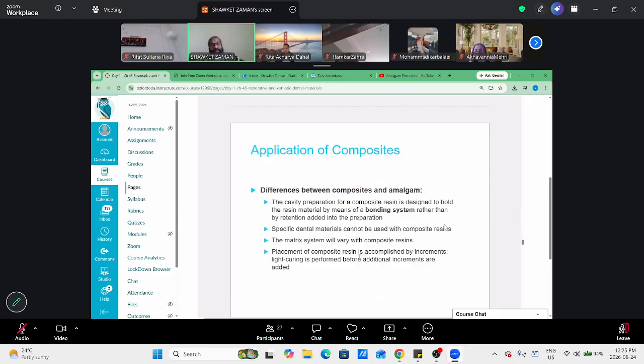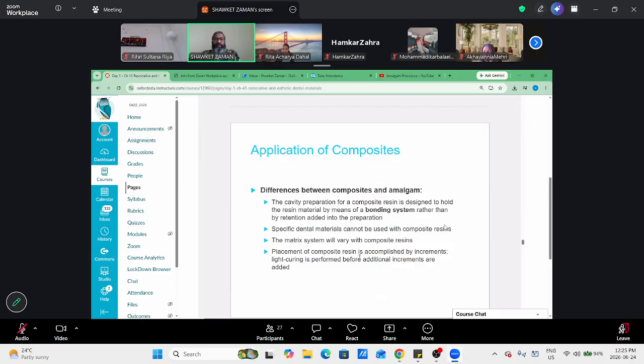Even though we can apply the composite for the posterior teeth also. Then another one is that specific dental materials cannot be used with composite filling materials, because composite is choosy. Sometimes it does not go with other restorative materials such as zinc oxide eugenol, which we very commonly use as a temporary filling material.